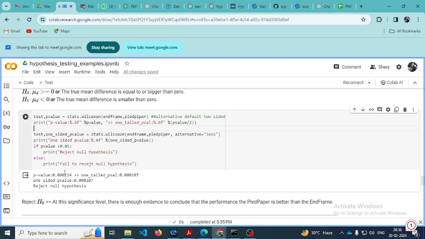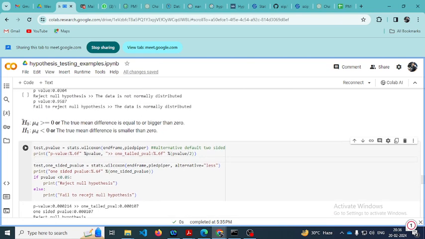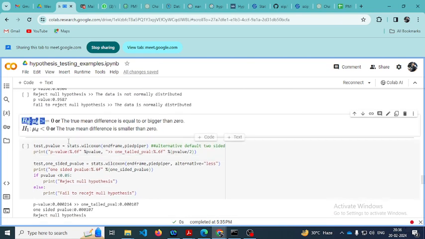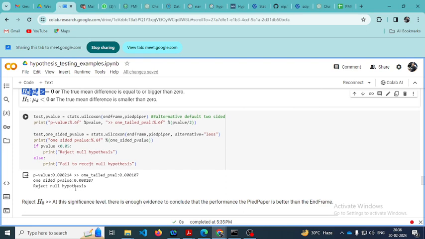This is less than your level of significance, that is the alpha value. From this, the hypothesis you assumed is rejected. So at this level it is rejecting this hypothesis, reject H naught at the significance level.